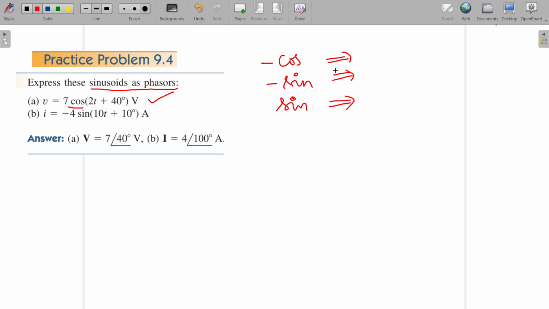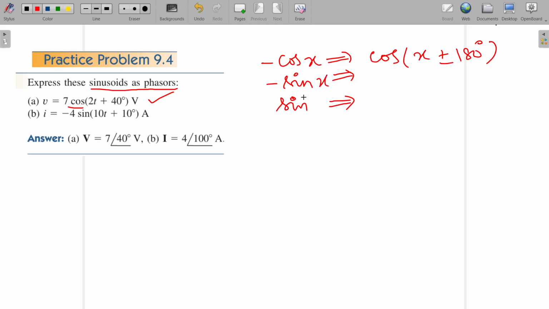If you have minus cos x, that should be converted to plus cos of x plus or minus 180 degrees.